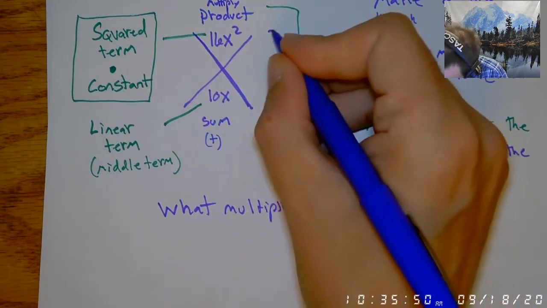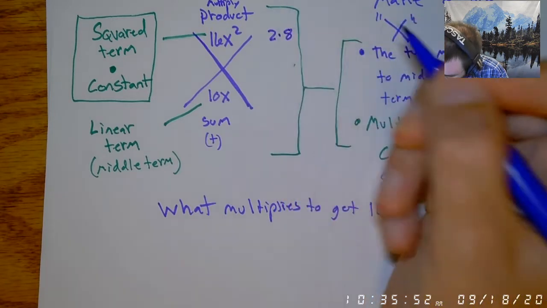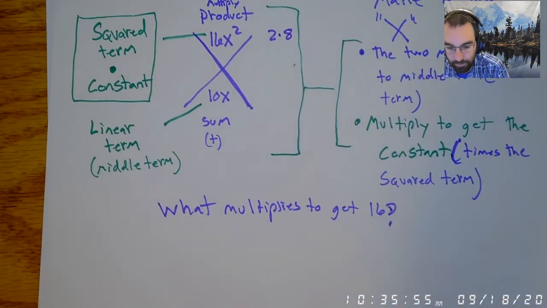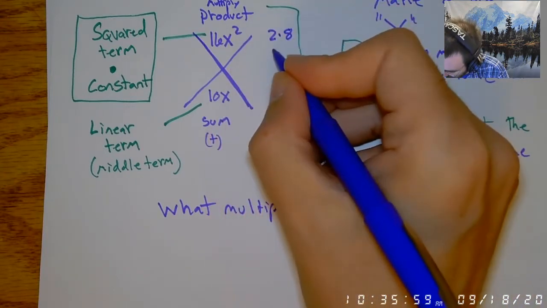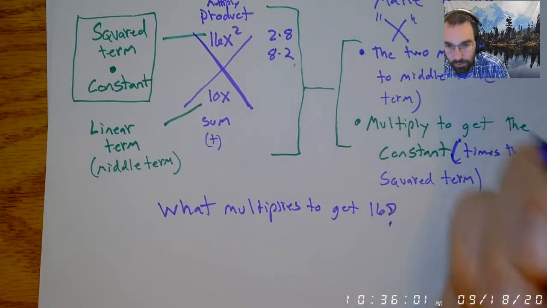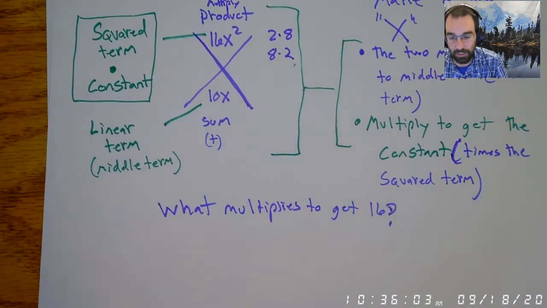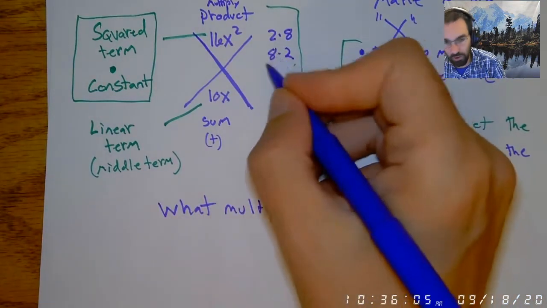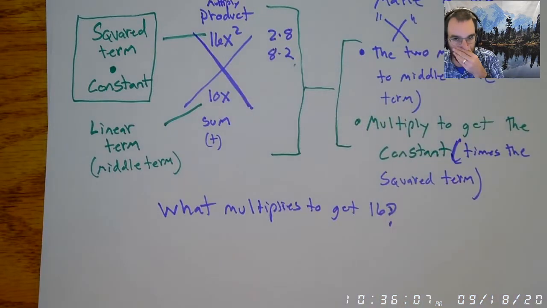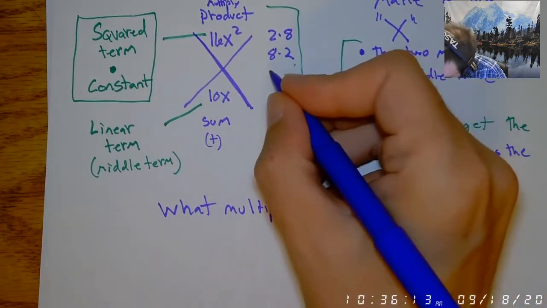Okay, so I have 2 times 8. Is there another one? What about 8 times 2? That seems silly, but when we get to negatives, that's going to be very important. So 2 times 8. Is there another one, guys, that gets 16? What times what gives me 16? 4 and 4. Excellent.